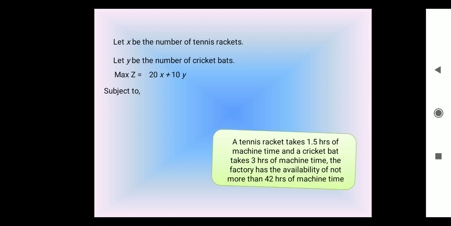Not more than means the factory has availability of exactly 42 hours or less than 42 hours, but it does not exceed 42 hours. Hence we are using the symbol less than or equal. Therefore the constraint becomes 1.5x plus 3y less than or equal to 42. This is for machine time.